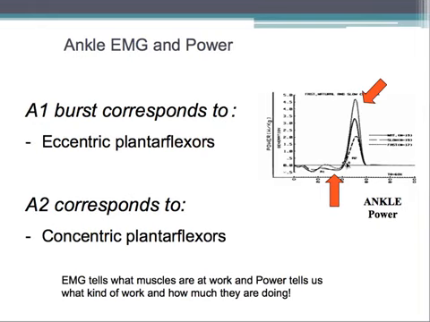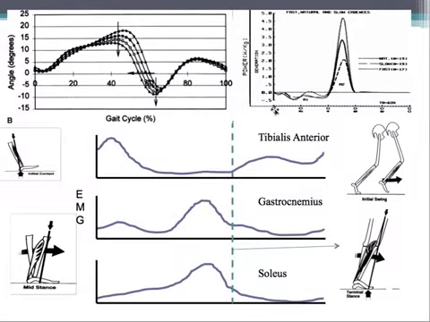And so the push-off that's identified by this power data is really important clinically and helps us walk with greater effectiveness. And now we're going to combine the kinetic power data with EMG.